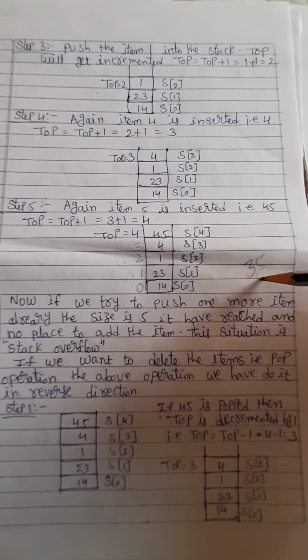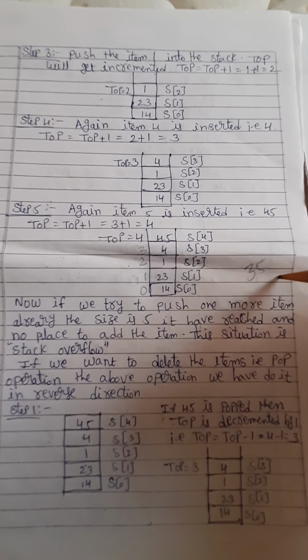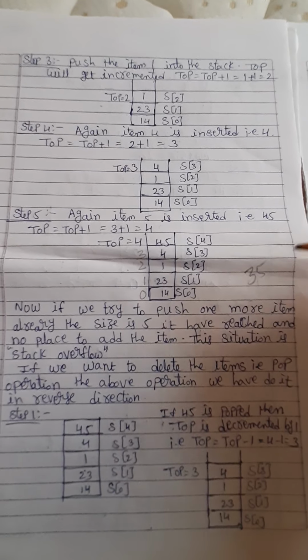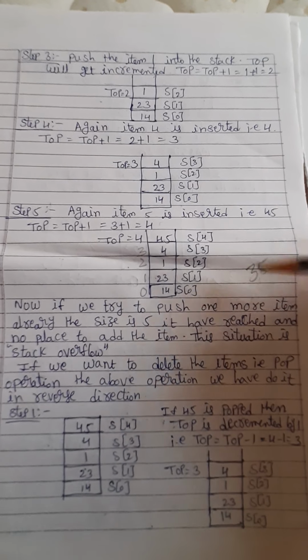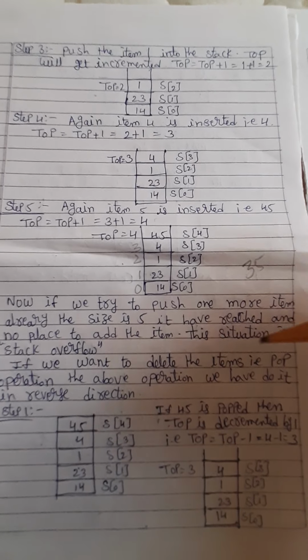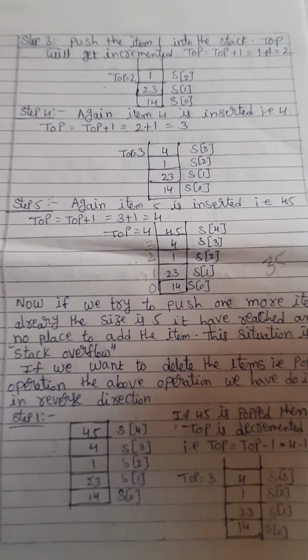If we try to insert one more element, it is not possible to insert it into the stack. Why? Because we have declared the size only 5, and this situation is called stack overflow.